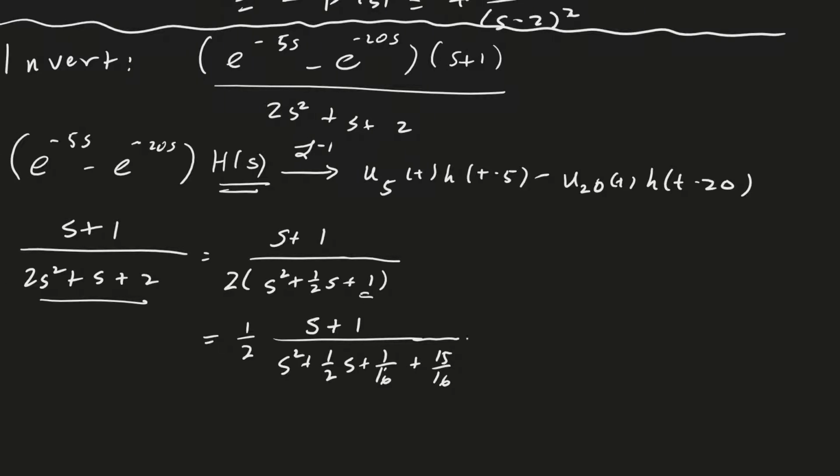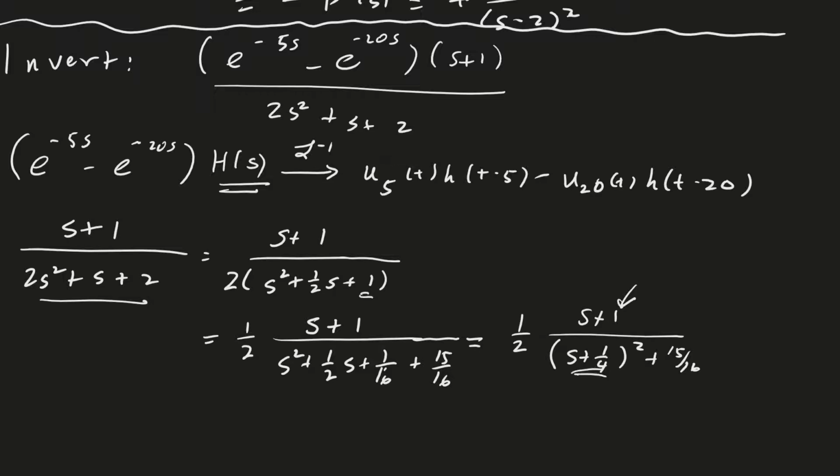Good. Now I can rewrite this as 1/2 times (s + 1) divided by ((s + 1/4)² + 15/16). Now I don't want a 1 in this position.